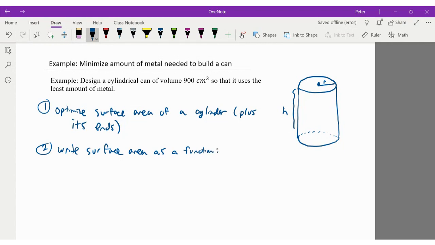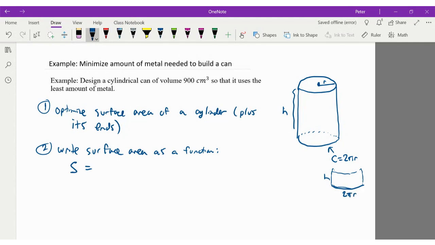Okay, so the surface area of this can is, first of all, the sides. The circumference of this circle is going to equal 2 pi r. And if I unroll it, what I would get is this unrolled rectangle, where the bottom of the can unrolls to be one side of the rectangle, and it's going to be 2 pi r, and the other side of the rectangle is going to be h.